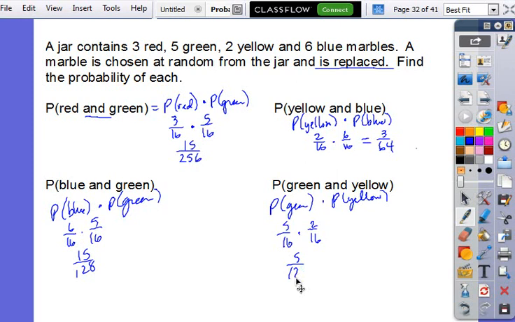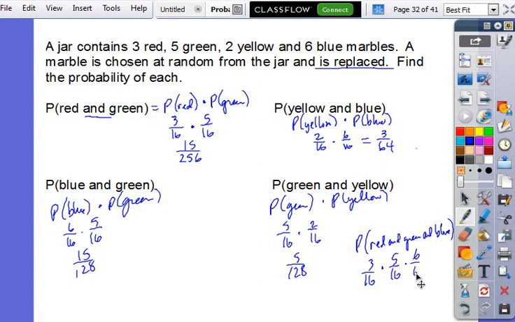If I had a third one in there, everybody got these so I can erase it? I'll just erase it. Suppose we had probability of red and green and blue. How would I do that one? What's probability of red? 3/16 times the probability of green times the probability of blue.